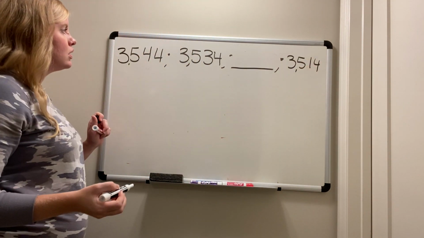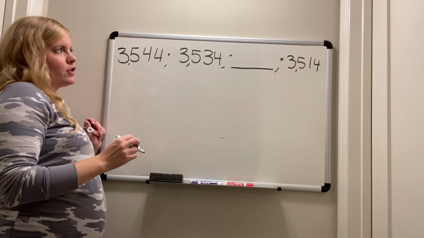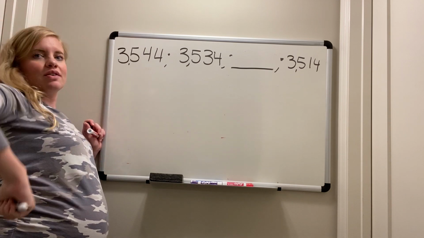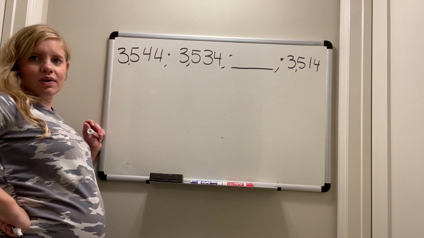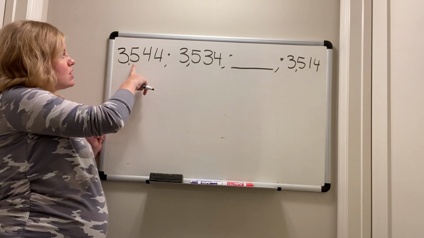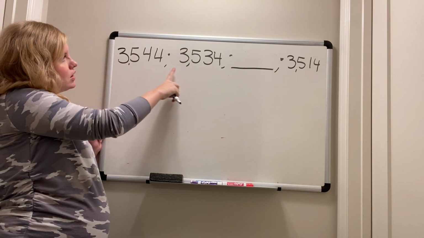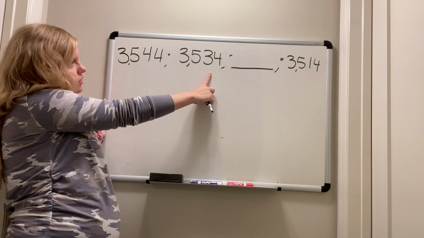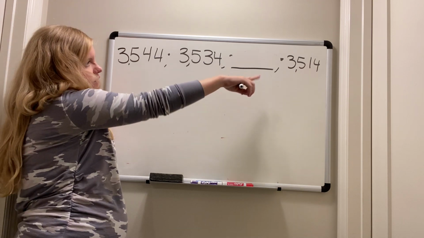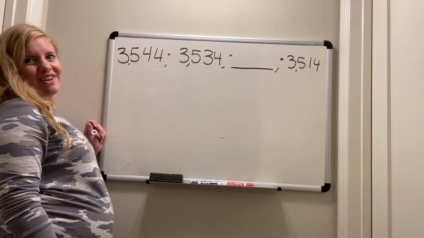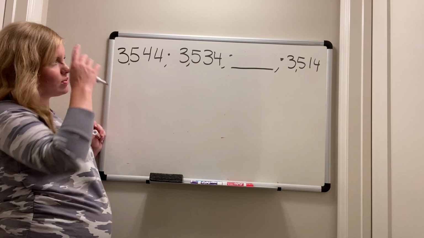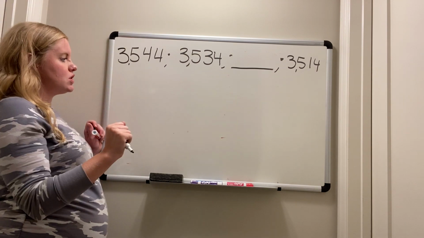Okay, that's your first one. You can start working on that while I'm thinking of your second one that I'm going to try to trick you with. So this one says 3,544, 3,534, blank, 3,514. Okay, so be thinking, which number is changing?